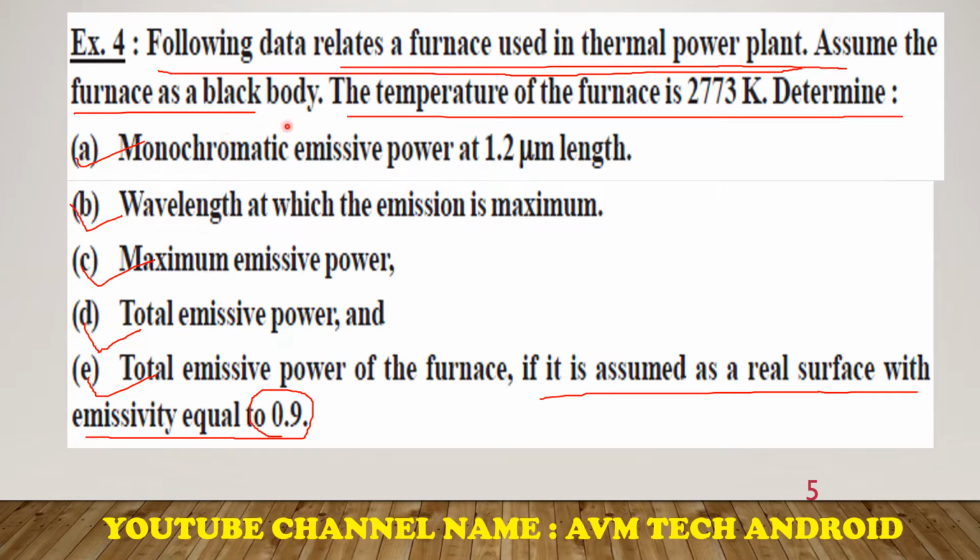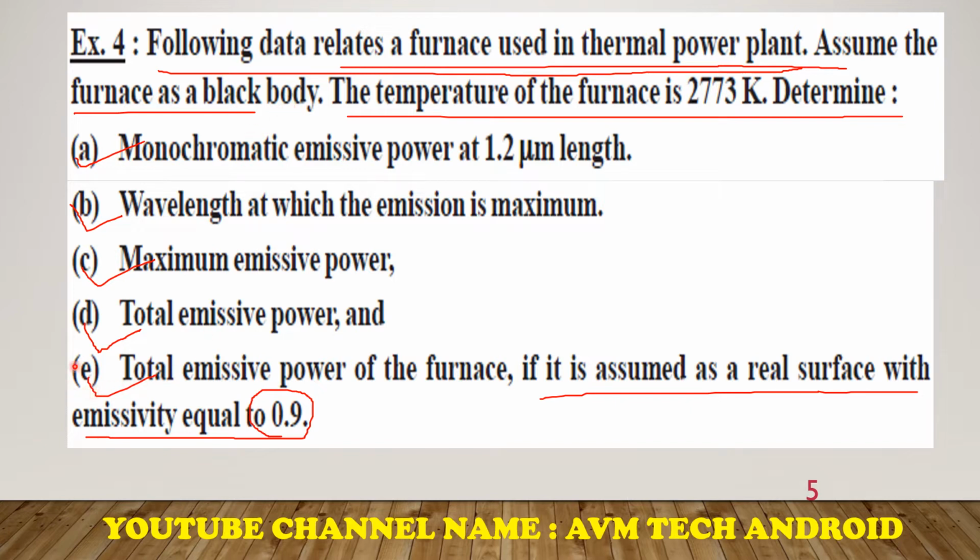Friend, this is a very simple numerical. This kind of question will be asked in the internal test, in the university exam, as well as in competitive examinations. So what we discussed in the previous videos, you have to remember the constant values which we have to use here also. In the data, first it is mentioned that we have to assume the furnace is a black body, so emissivity equals absorptivity, which equals 1.